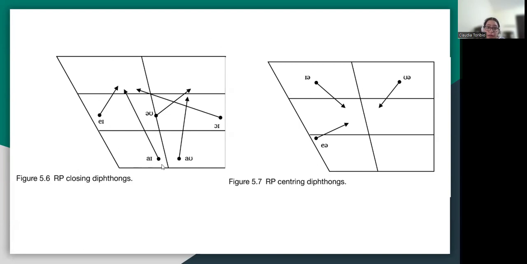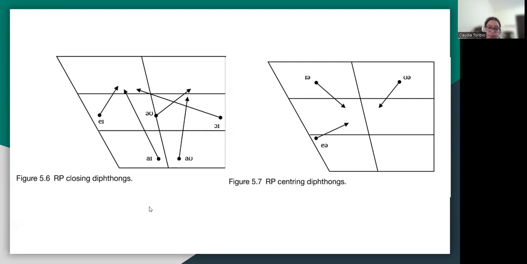Diphthongs, as we said, require a glide. So one sound or one position and you glide into the other. Such that we can classify diphthongs depending on how they change from more closed to more open or vice versa.